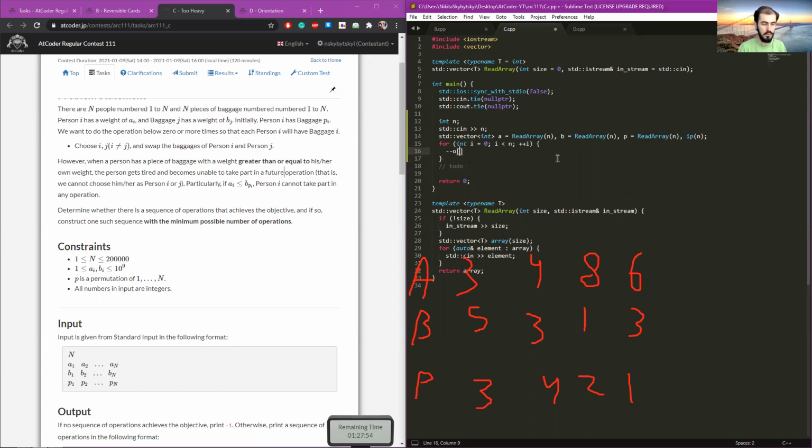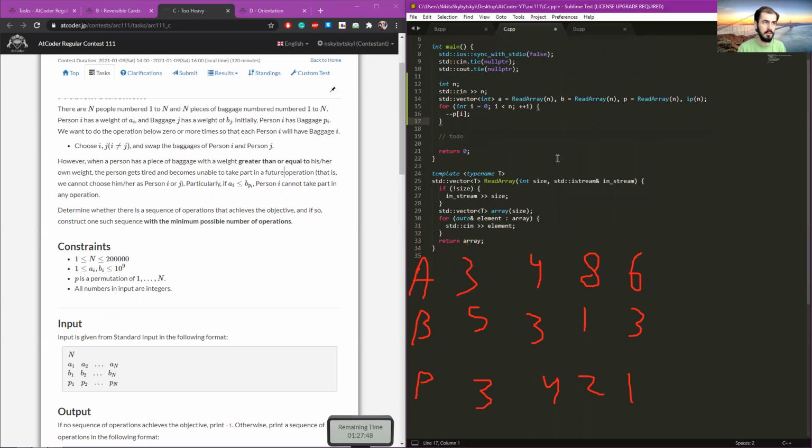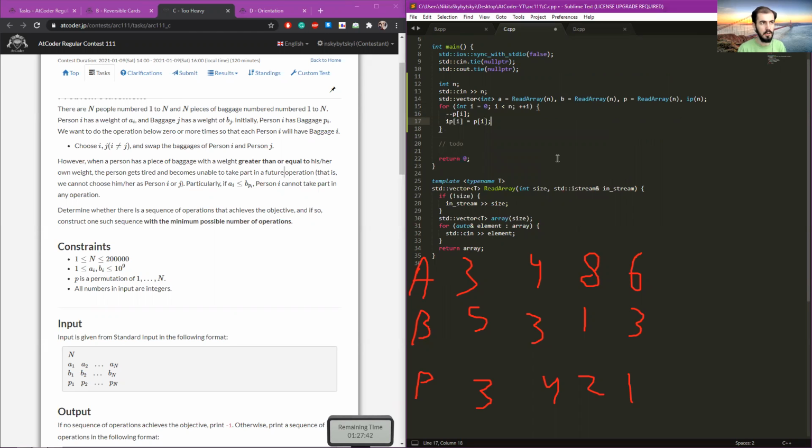So first we would like to decrement p_i by 1 to represent a permutation of indices. Then we would like the inverse permutation where inverse of p_i gets i. Oh, that's wrong. We want this. Right? Yeah, that's correct.